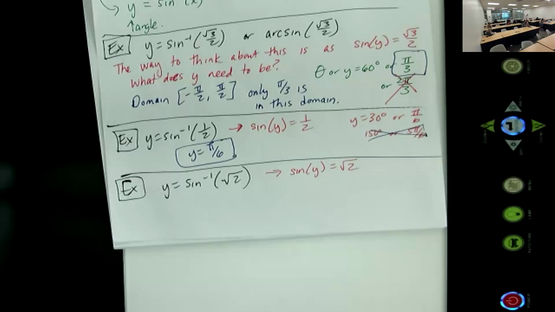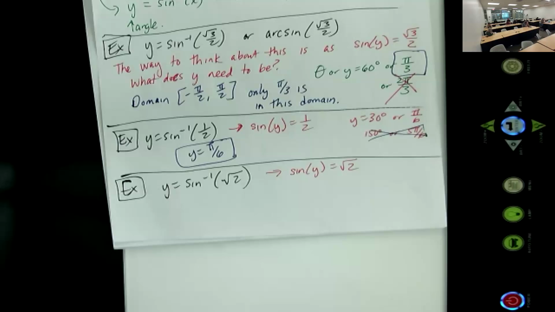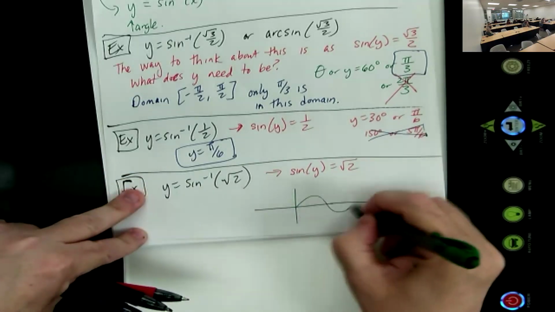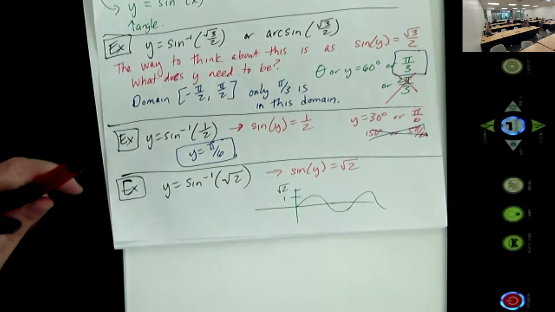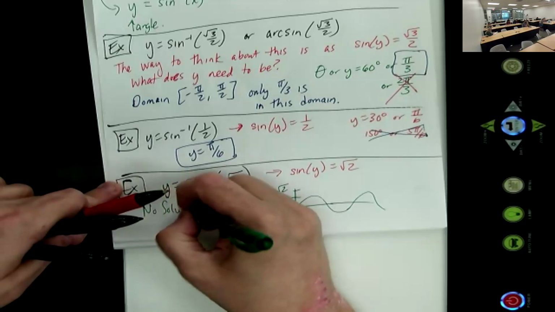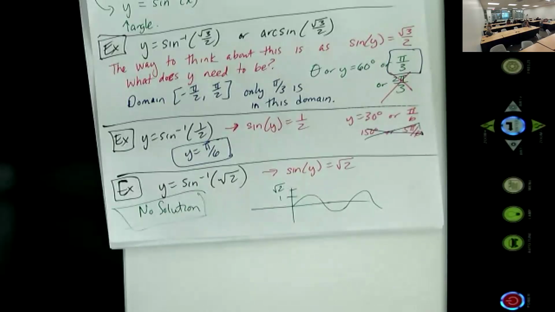Is there anything that works? It looks like the square root of 2 over 2, but it's not. Square root of 2 is like 1.4. Sine never hits 1.4. If you look at the original sine graph, it only goes up to 1, and square root of 2 is higher than that. So there's no solution on this one. That's a dirty trick, but it's designed to make you think.